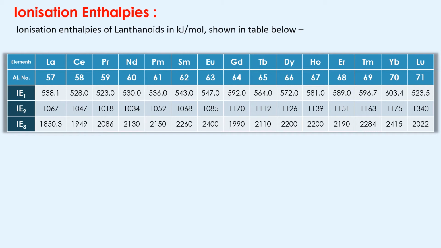Once again it starts increasing from samarium, and up to lutetium it is increasing. But what you have to observe here is that IE1 is less than IE2, which is less than IE3. IE is nothing but ionization enthalpies.